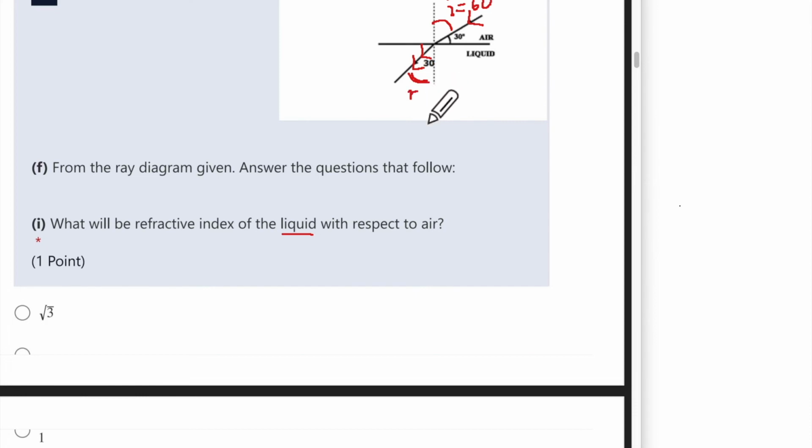This is the angle of refraction, and so you will have refractive index mu is equal to sine i upon sine r, correct? So sine i will be sine of 60 degrees upon sine r, which is sine of 30 degrees.